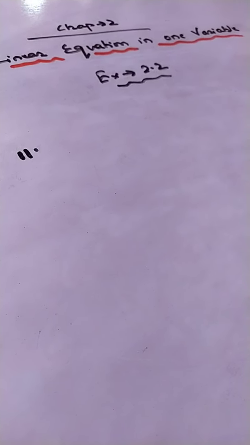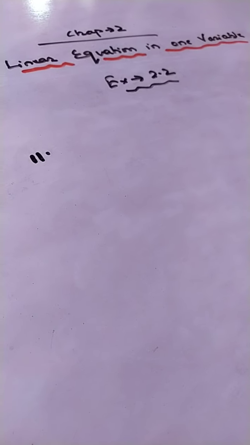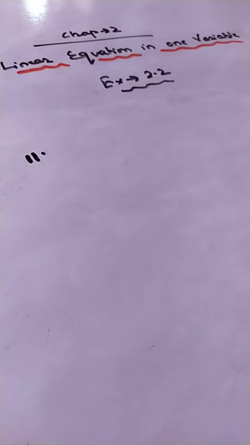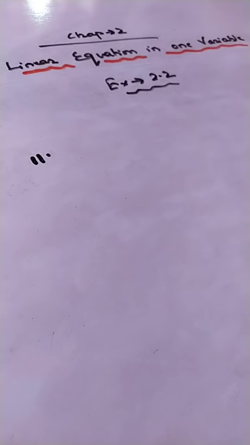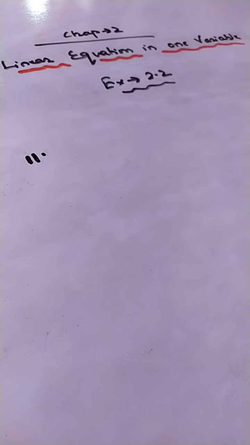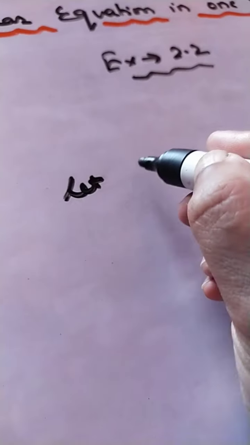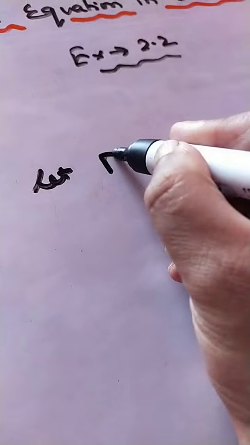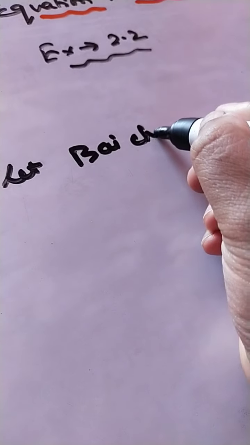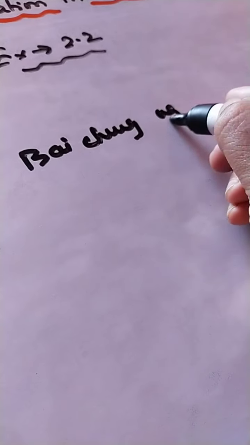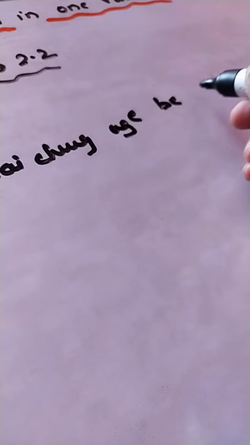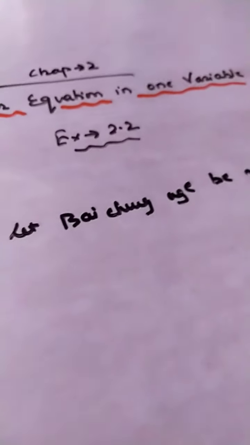It's quite obvious that Baichung's grandfather would be 26 plus 29 years older than Baichung. Let me explain one by one. Suppose we let Baichung's age be x.